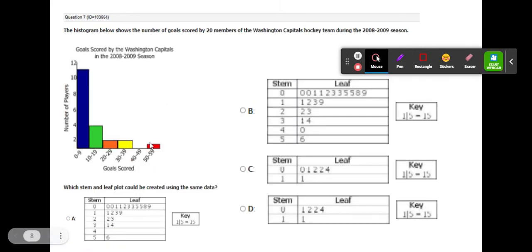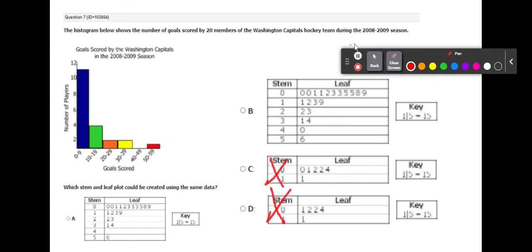All right, 7. I think there's 8 total questions. 7 looks like this. We got to match the histogram to the stem and leaf plot. So we got to count. I can tell that the difference between these, first of all, these don't have the right data at all because they don't have the 20s and 30s, right? This information needs to go 20 something, 30 something, 50 something.